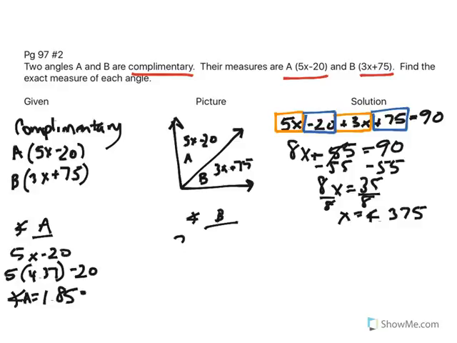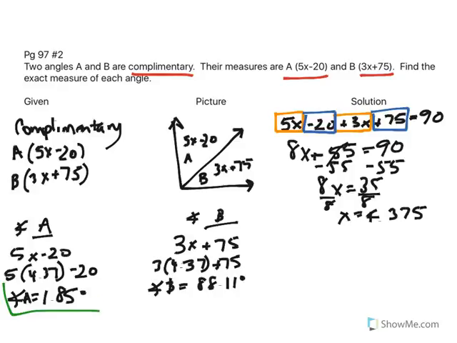For B, we have 3x plus 75. We're plugging in our x value. Okay, and this is the answer to the question. Find the exact measure of each angle. We got it. Angle A is 1.85 degrees and angle B is 88.11 degrees.